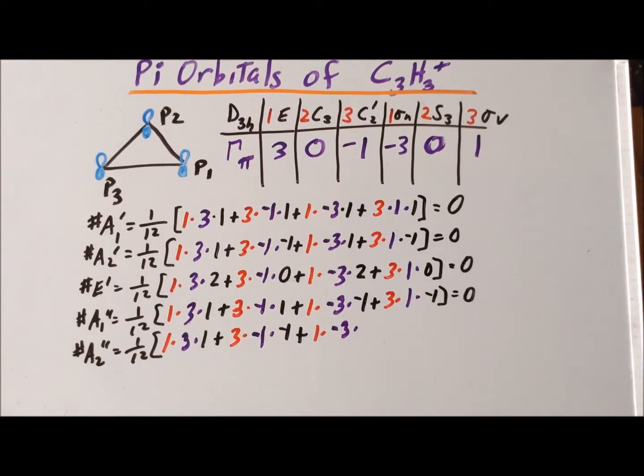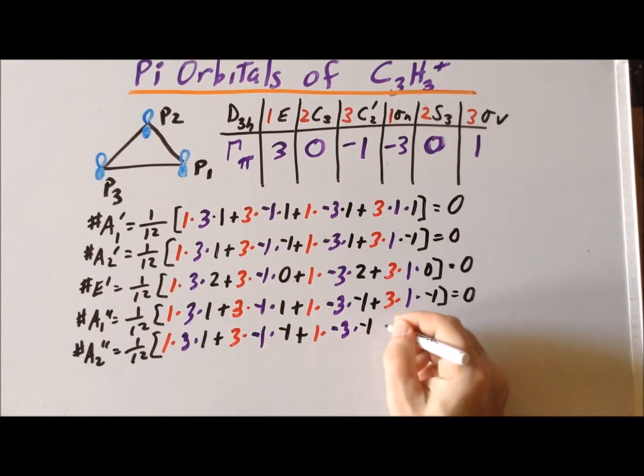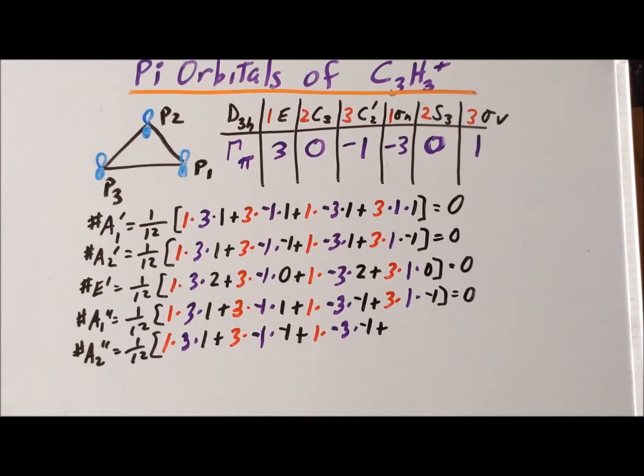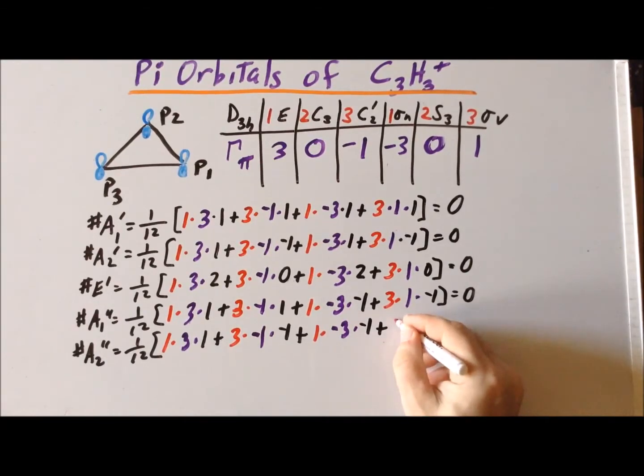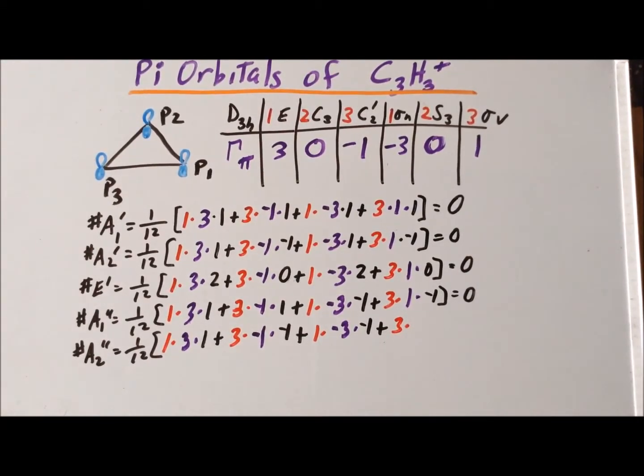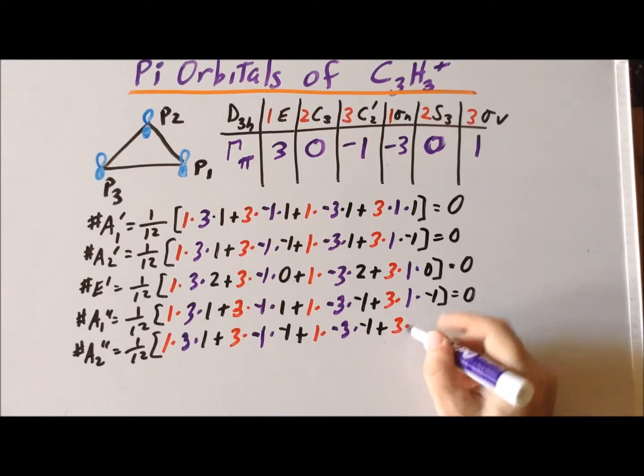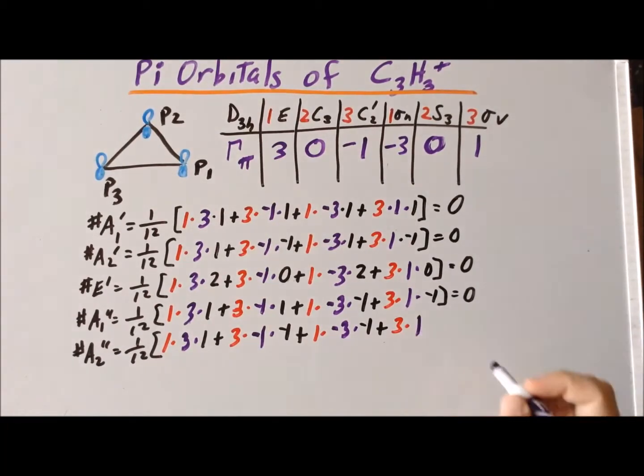The character is a -1. And then the character is a +1. So we have 3 plus 3 plus 3 plus 3, which is 12, 1/12. So we have 1 A2 double prime included in the gamma pi.